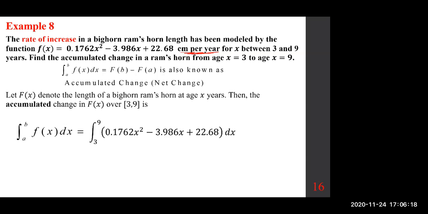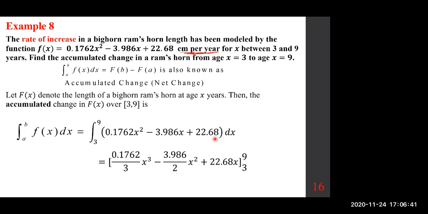So basically, what do I do? Let me divide this 0.1762 by 3, x cubed, minus, divide this one, 3.986 by 2, x squared, and then plus 22.68x evaluated from 3 to 9.